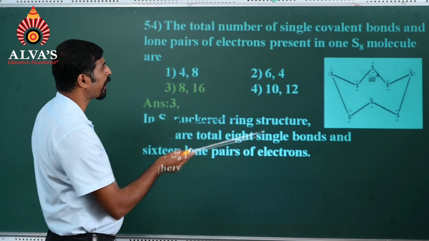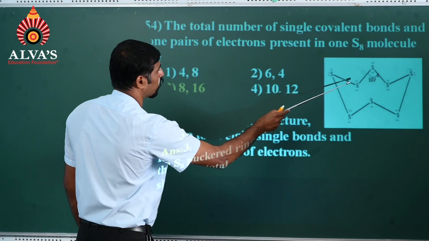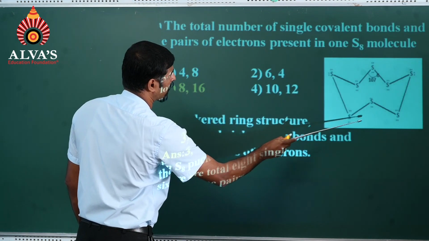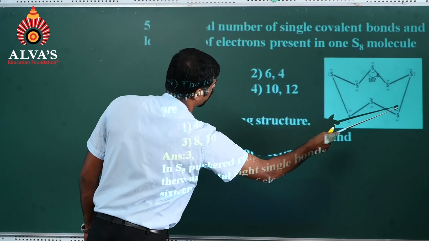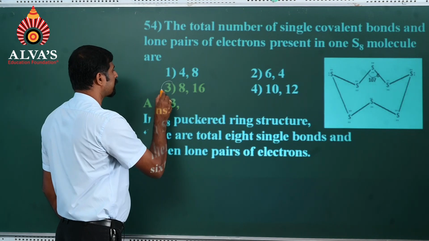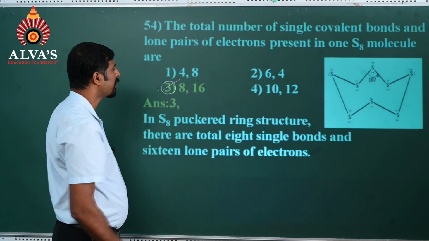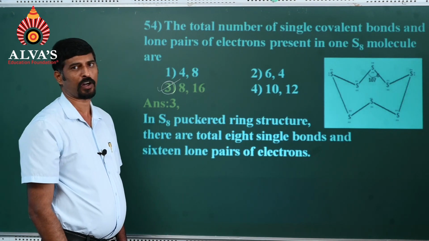And how many lone pairs? 1 here, 1, 2, 3, 4, 5, 6, 7, 8, 9, 10, 11, 12, 13, 14, 15, 16. Therefore, option 3 is the right answer, that is 8 single bonds and 16 lone pairs of electrons.